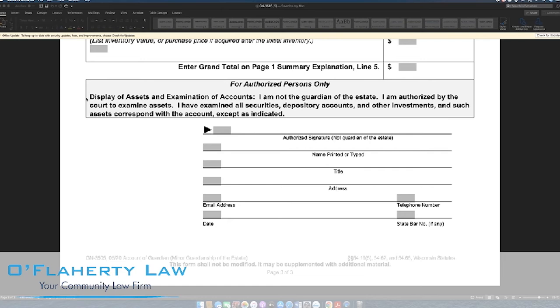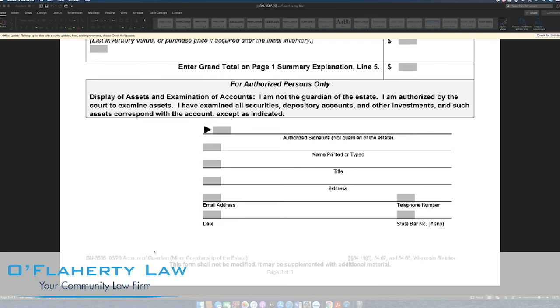I am not the guardian of the estate. I am authorized by the court to examine assets. I have examined all securities, depository accounts, and other investments, and such assets correspond with the account except as indicated. So if the court has somebody else look at the minor ward's estate to make sure that there's been no misappropriation, this is where they would sign.